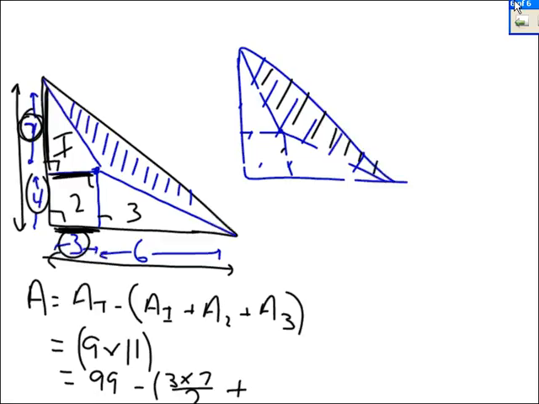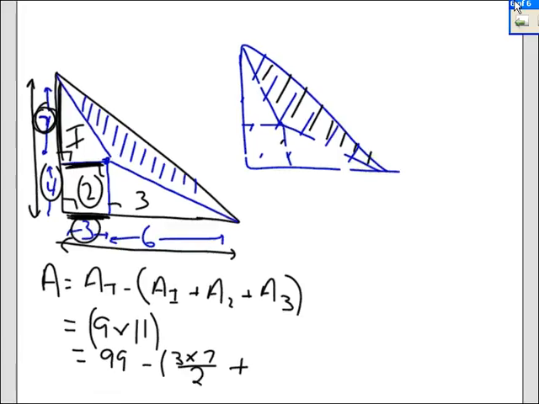Plus the area of region 2. This rectangle. Well, it's 3 by 4. 12. Plus the area of region 3. It's the triangle. It's the base, which is 6, times the height, which is 4, divided by 2. 2 goes into 6 3 times.